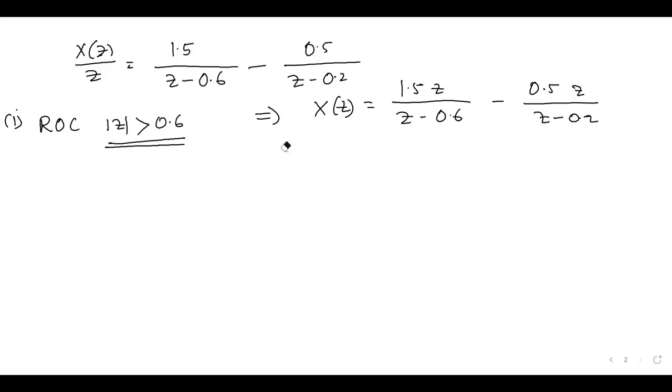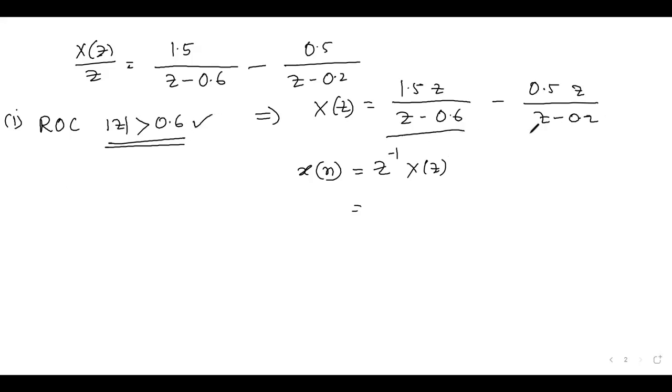When ROC is greater than 0.6, x(n) is the inverse z transform of X(z). There are two sections.